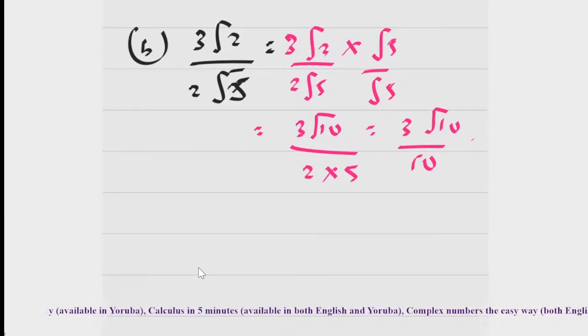So before I give you another example, let me ask you a question. Can you only rationalize the denominator? If you have a surd in the denominator, you have to rationalize by multiplying the numerator and denominator by that surd.